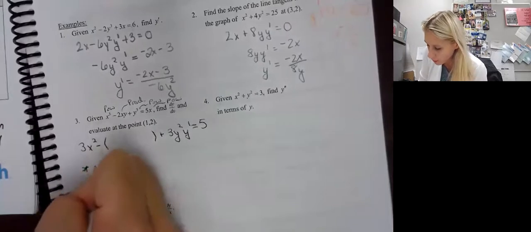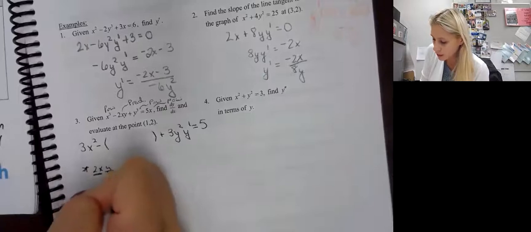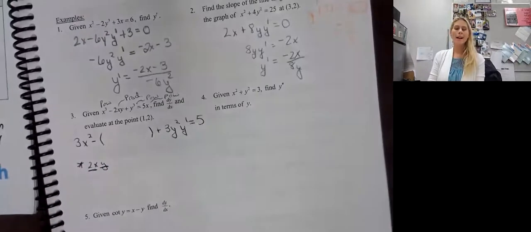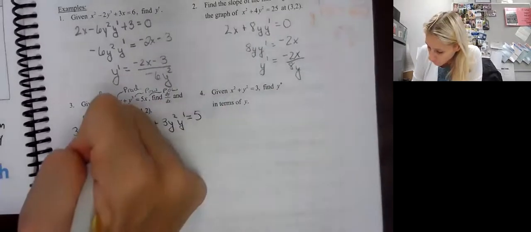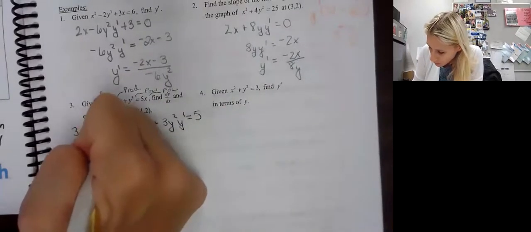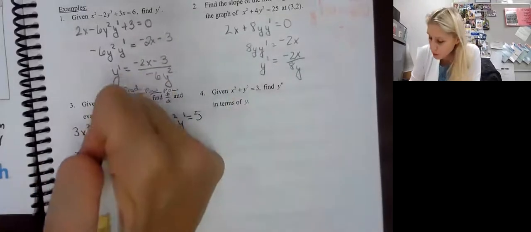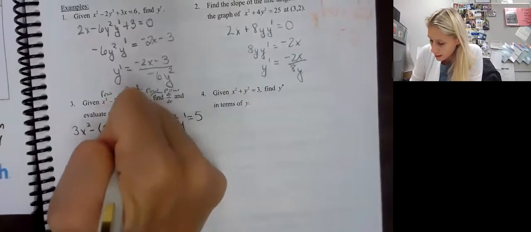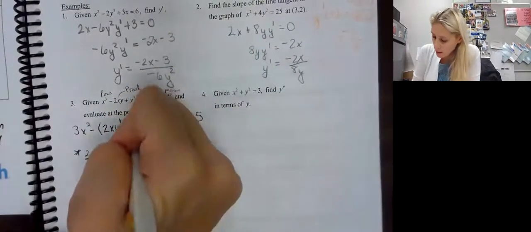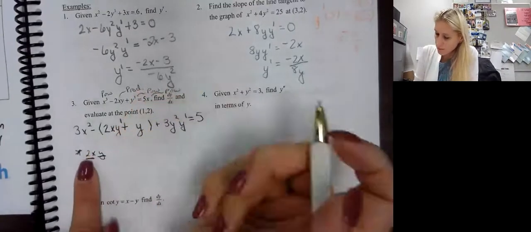So we have 2xy. 2x I'm going to take as my first function, y as my second. Okay, so remember product is the first function times the derivative of the second. Well, the derivative of y is y prime, plus the second function times the derivative of the first.